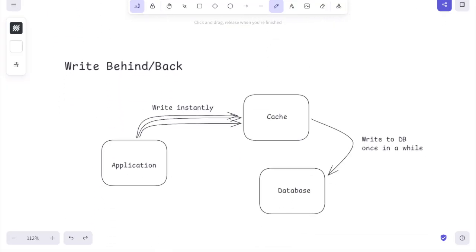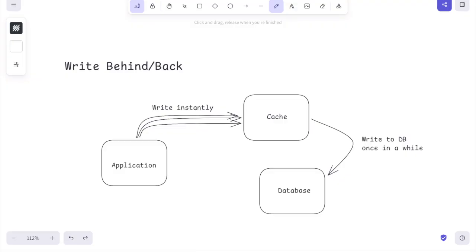Now the second one is the write behind, which is also known as write back. You write to the cache first, then the cache acknowledgement comes back immediately, and then asynchronously the data is flushed to the database in the background. The pro is that writes are blazing fast from the client's perspective, and there is a huge reduction in the write load on the database. The con is that if your cache server crashes before flushing to the DB, then you lose data.